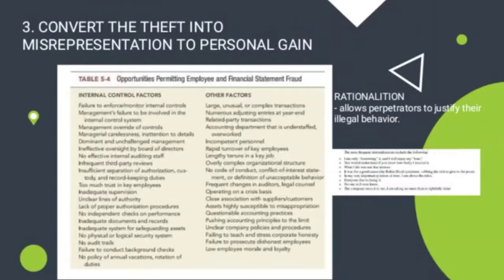So, companies who do not perform a background check on potential employees risk hiring dishonest people. In one case, a company president stopped by the office one night.